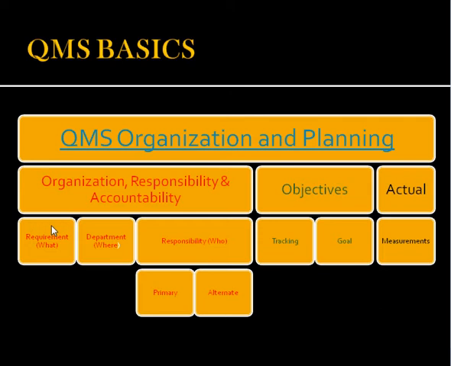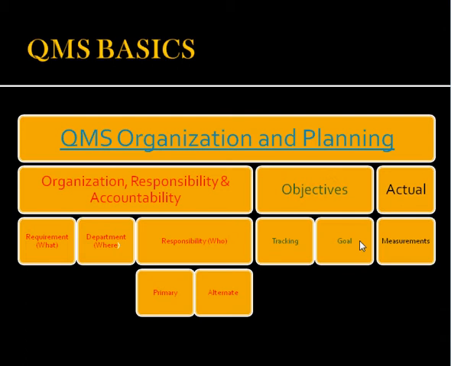Usually in terms of quality performance, we look at 90%, 95%, or 99% performance. Anything below 90% is considered out of control. Now, we take a look at the actual department's performance against its requirements. And this is a quality management system.